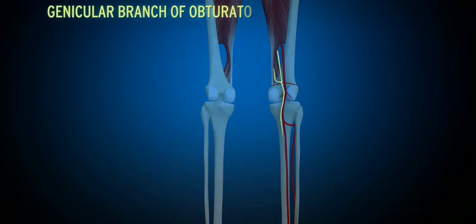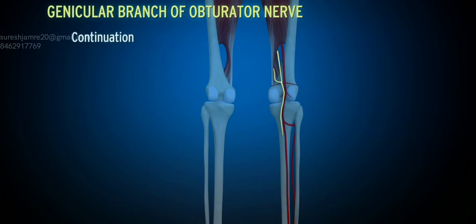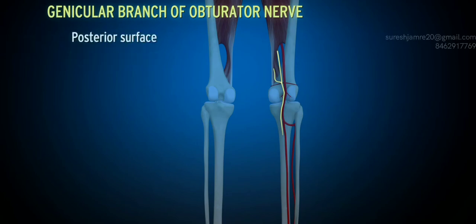Genicular branch of obturator nerve. This is the continuation of the posterior division of the obturator nerve. It runs on the posterior surface with the popliteal artery.